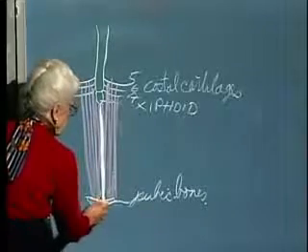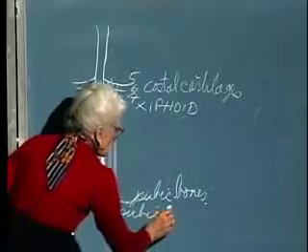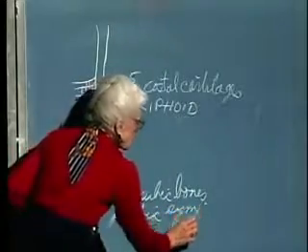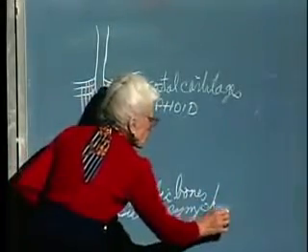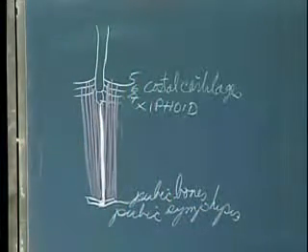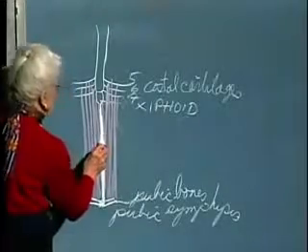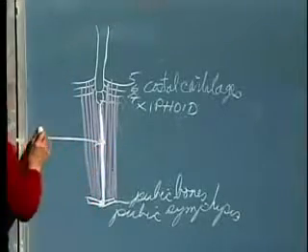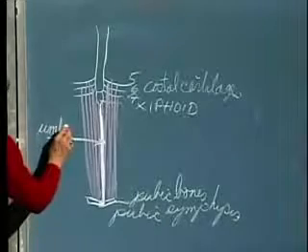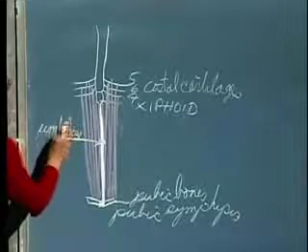And our pubic symphysis down here. So, rectus abdominis, straight down. We'll put in the umbilicus as a landmark, your belly button.